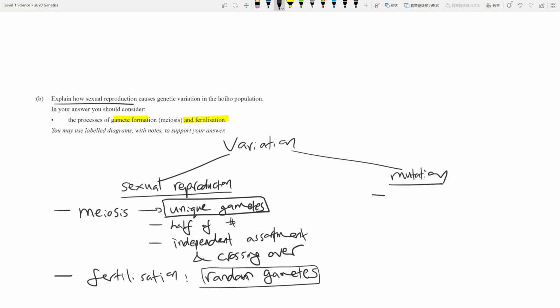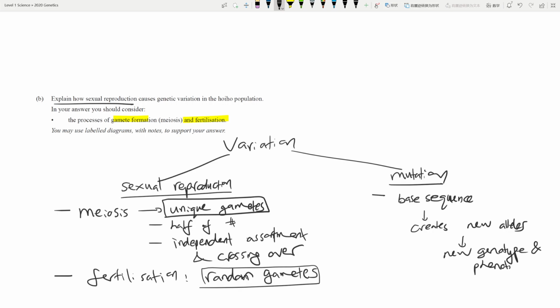This goes back to one of the previous questions. This is changing the base sequence of an allele, and then you create new alleles. I've already talked about this in a question before. So you probably have a new genotype and phenotype.